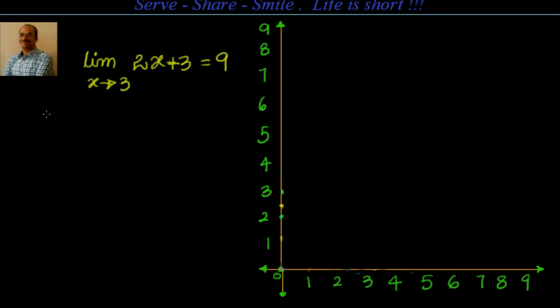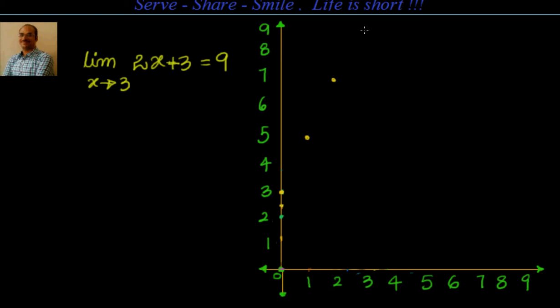Now how to prove that? For that, we'll try to plot this. You know that this is nothing but y equal to mx plus c. So x equal to 0, I have y equal to 3. x equal to 1, I have y equal to 5. x equal to 2, I have y equal to 7.